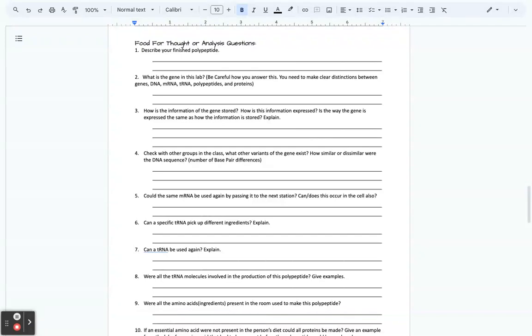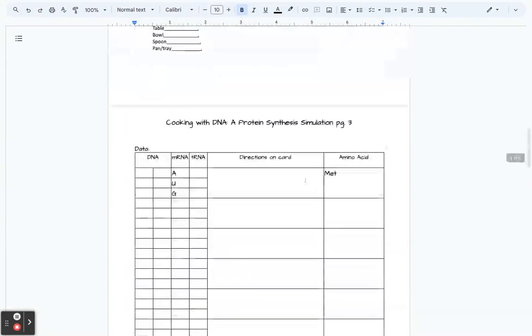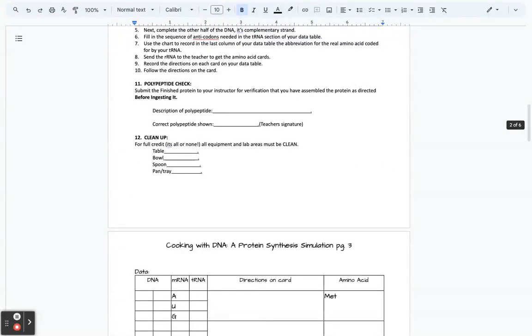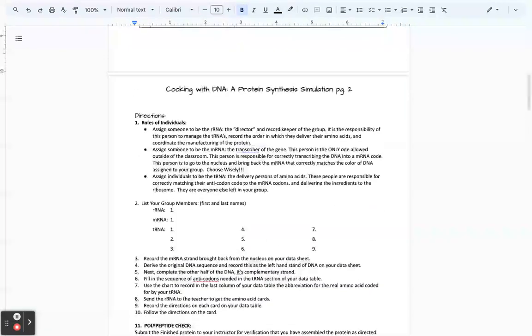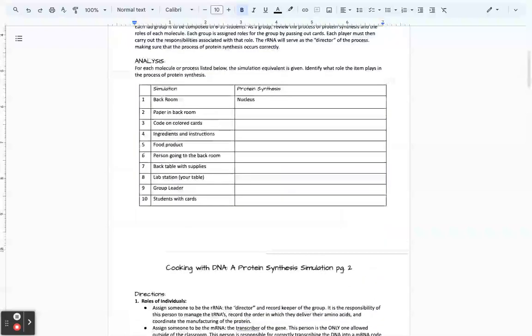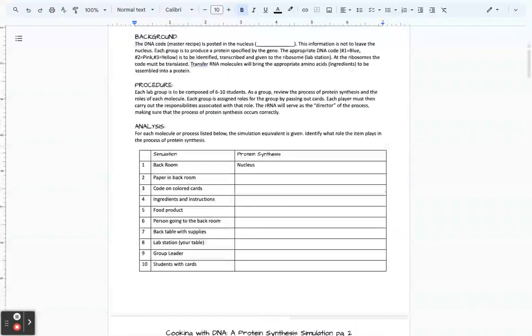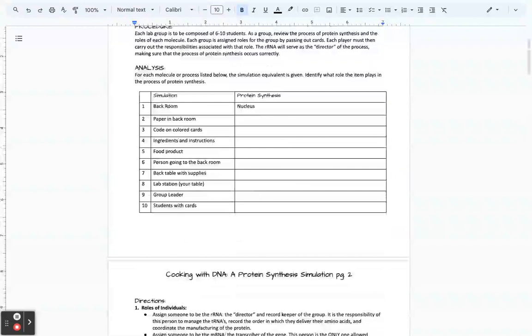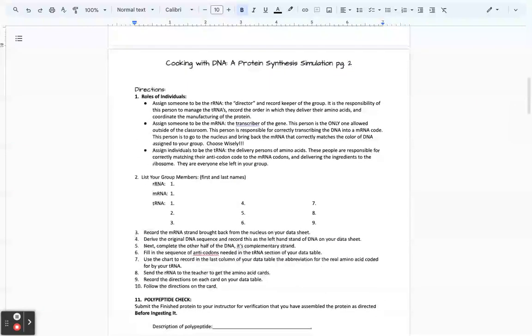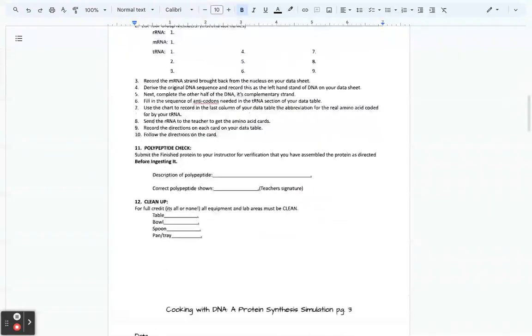Hey, bio. So just a couple of things about the worksheet. I just want to let you guys know that the expectations are everything be filled in, your analysis on the front, so your protein synthesis simulation, all those steps, the group members.